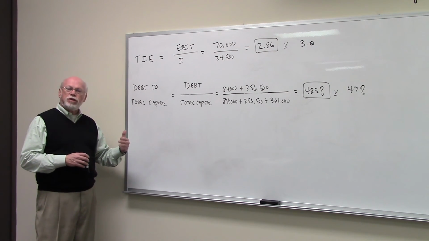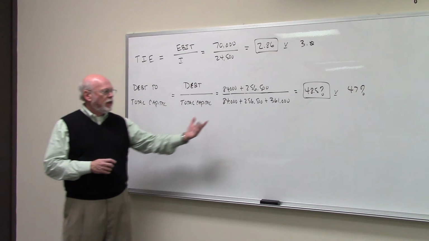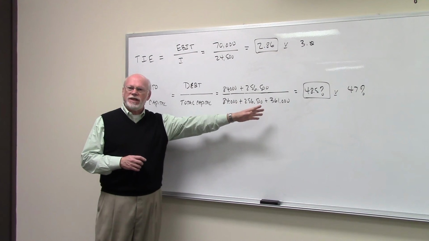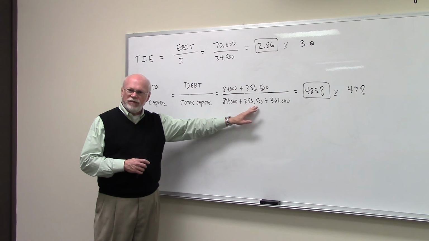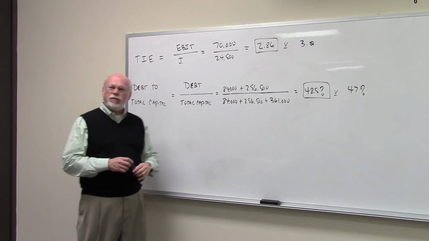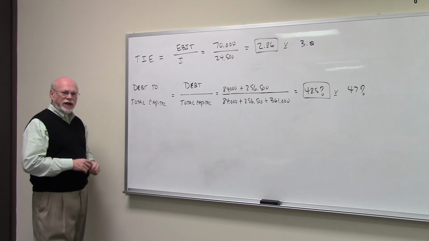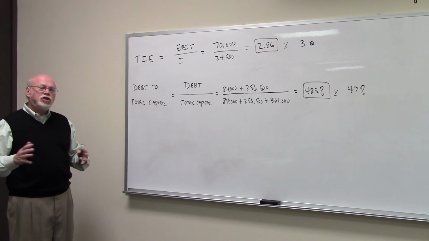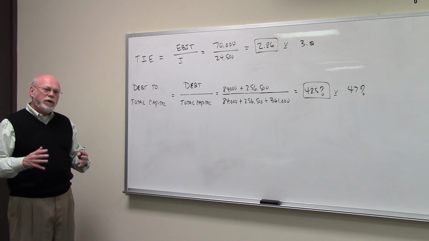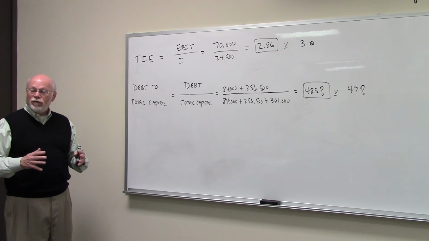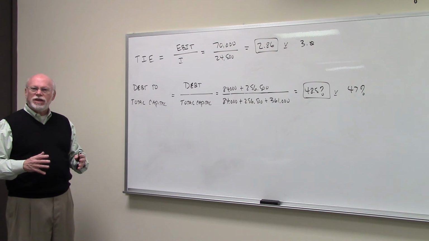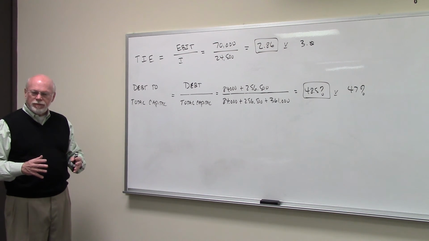In the denominator, the total capital of the company, the long-term debt plus the equity: $84,000 plus $256,500 plus the equity off the balance sheet, $361,000. What percentage of total capital does debt make up for Berry Computing? 48.5%. The typical firm in the industry, debt makes up only 47%.